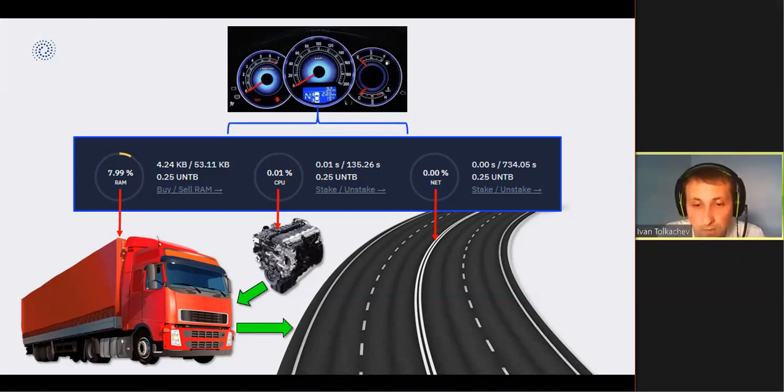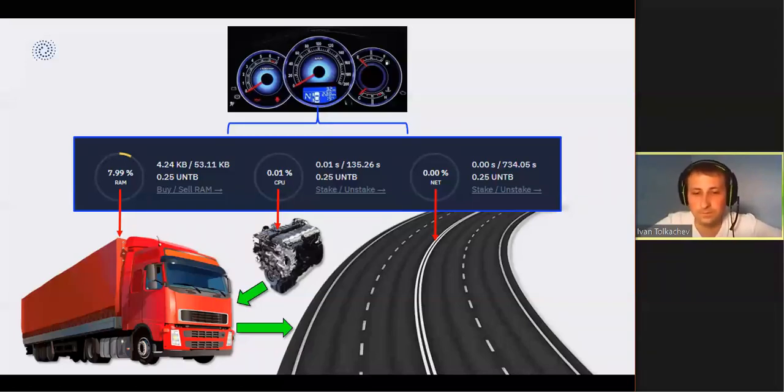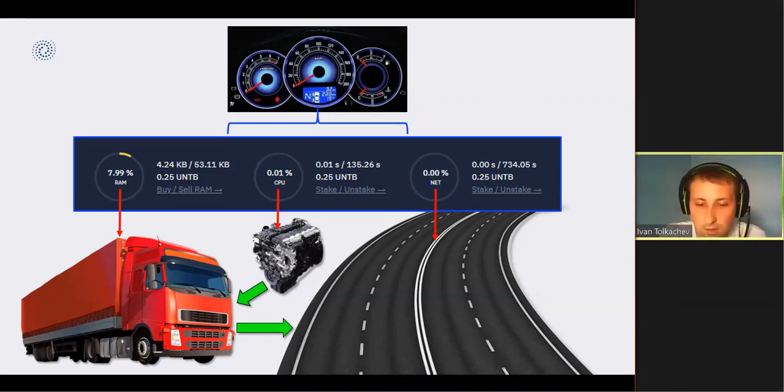Because the capacity of the engine is not enough, and therefore to carry out transactions, in particular when there are a lot of them, you need CPU. The third indicator is NET. This is the volume of data transfer. To carry out different operations, you need to exchange data with the server, with nodes.